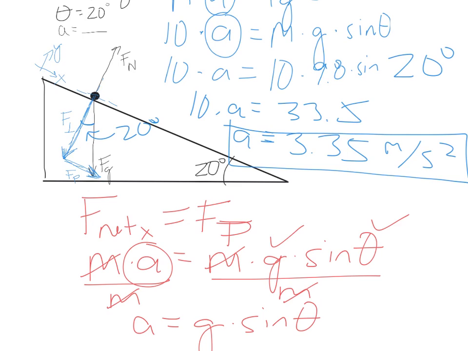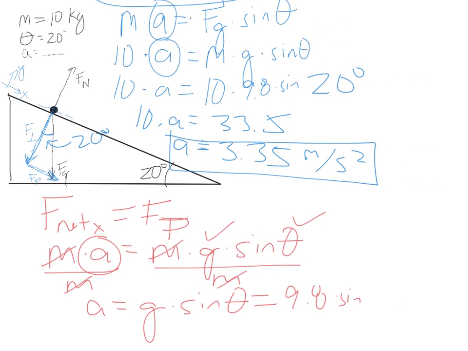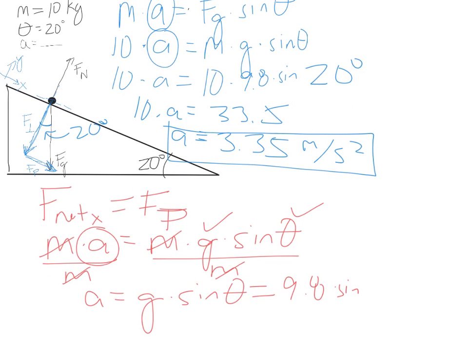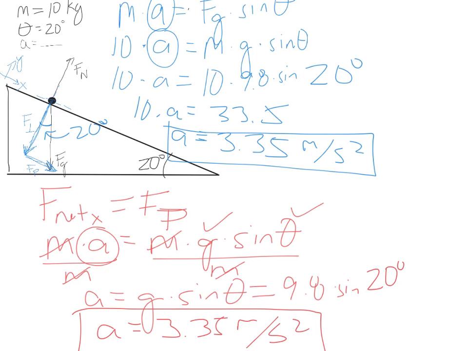So we could still solve for the acceleration of the box without knowing the mass of the object. g is 9.8, times the sine of 20 degrees, and that would give you an acceleration of 3.35 meters per second squared. Same answer as before.